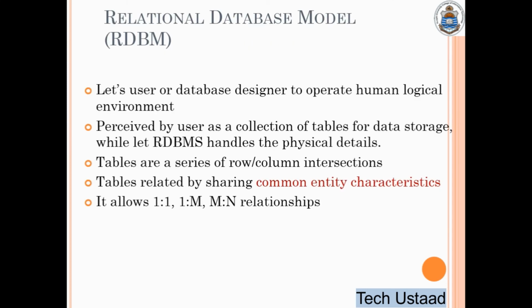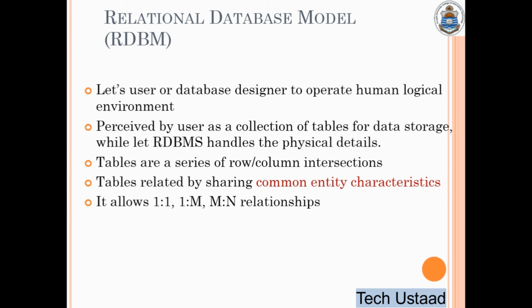The most commonly used database model is the relational database model. It allows the user or database designer to operate in a human logical environment. It is perceived by the user as a collection of tables for data storage, while letting the RDBMS handle the physical details. Tables are a series of row-column intersections.